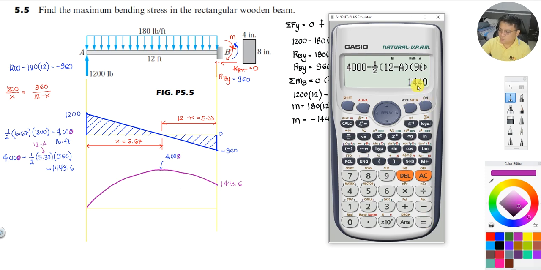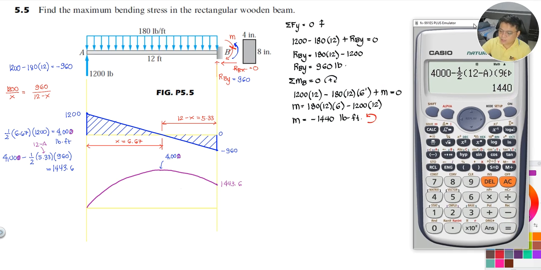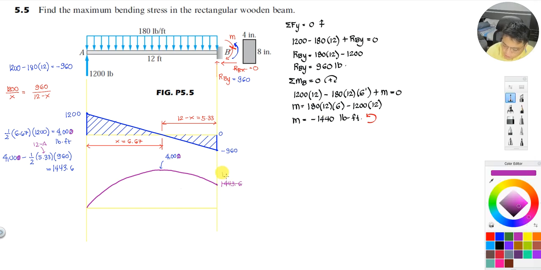So is equals to 1,440. Eksakto na, no? So you can have it as 1,440. Again, this is pound foot. And then meron akong counterclockwise which is negative, or that would be downward. So we can have here as downward. Okay? So magsi-zero yun. So now this is the maximum moment.